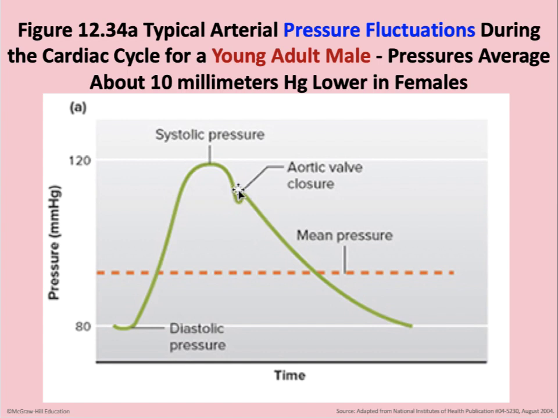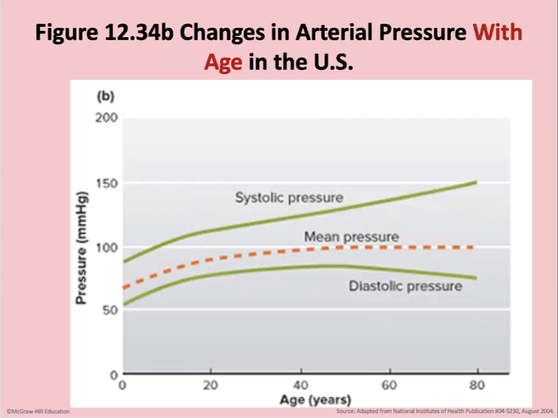But as soon as the valve has been stiffened, then the pressure rises slightly again, and then the artery is responsible for continuing to push the blood into the tissues as the heart takes the next beat. The average here is the mean pressure, and we'll talk about the mean pressure in a second. Another component of physiology is age.